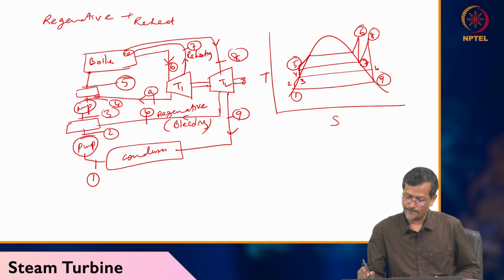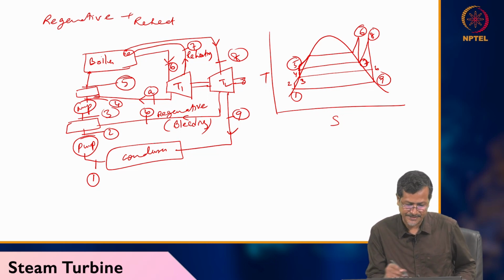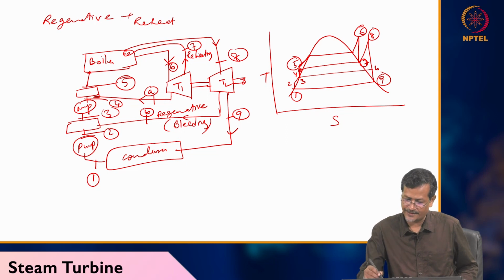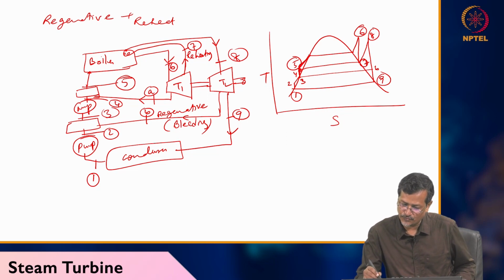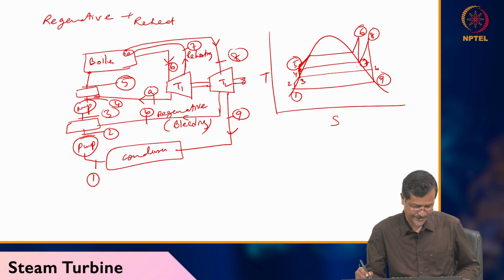You see 4 to 5, where is 4? 4 is after the pump, and before 5 mixing is happening. So this is the mixing point. Then from 4, the boiler increases temperature from 5 to 6. And A is here, I think.